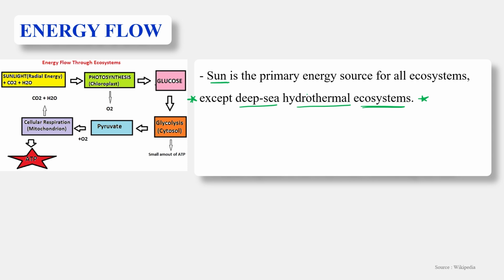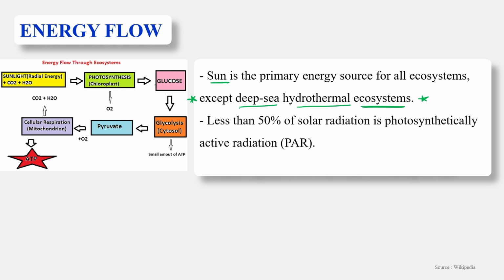Elsewhere the sun is the primary source of energy, and less than 50% of solar radiation is photosynthetically active radiation, and out of this, plants capture only 2 to 10% of photosynthetically active radiation, which is required for sustaining all life forms.